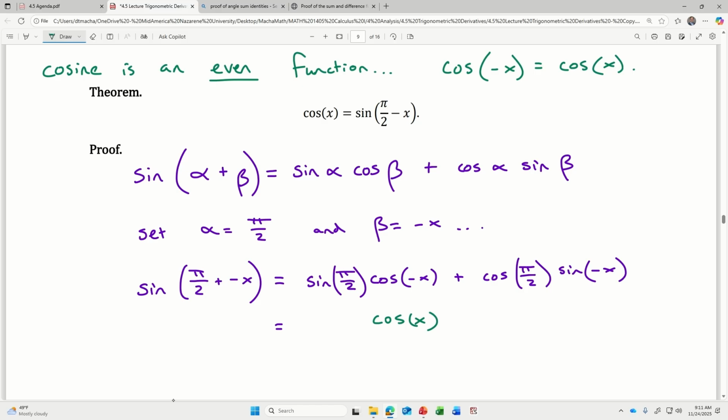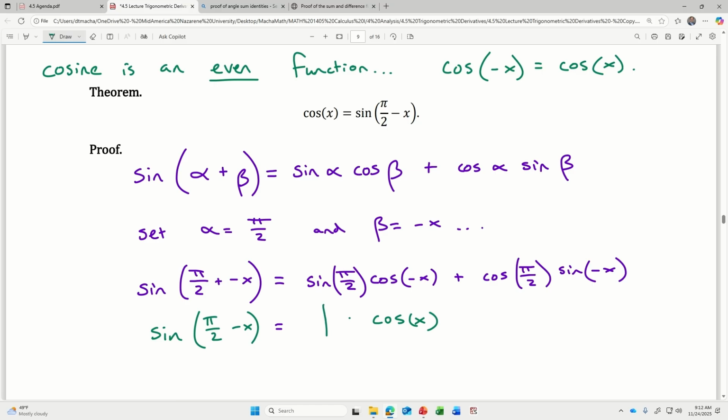What is sine of pi over 2? Sine of pi over 2 is 1.